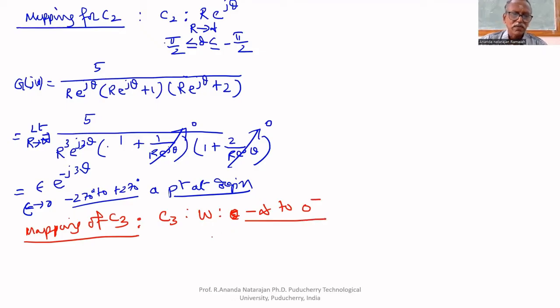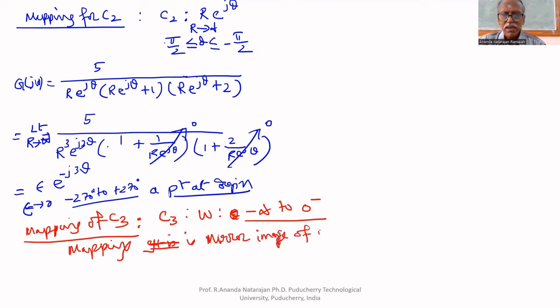So the mapping is the mirror image of the mapping of C1.